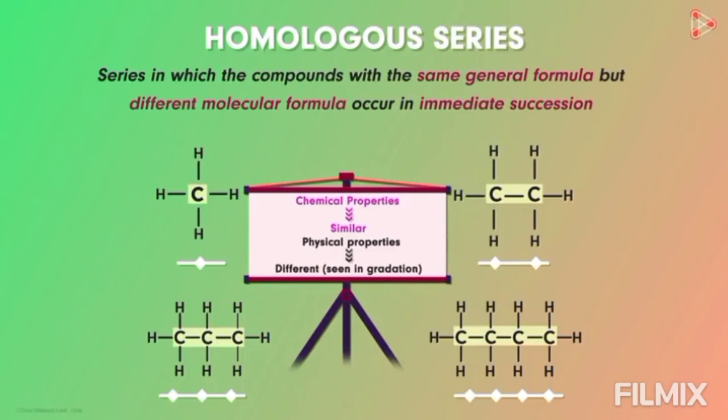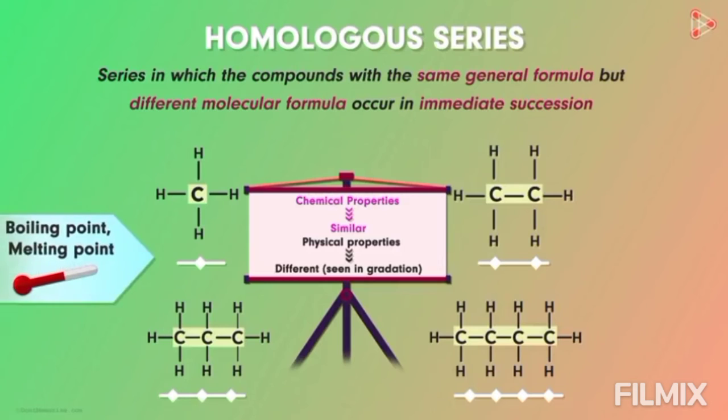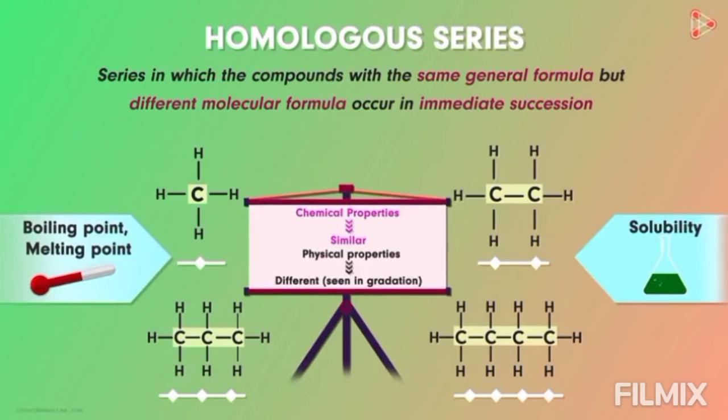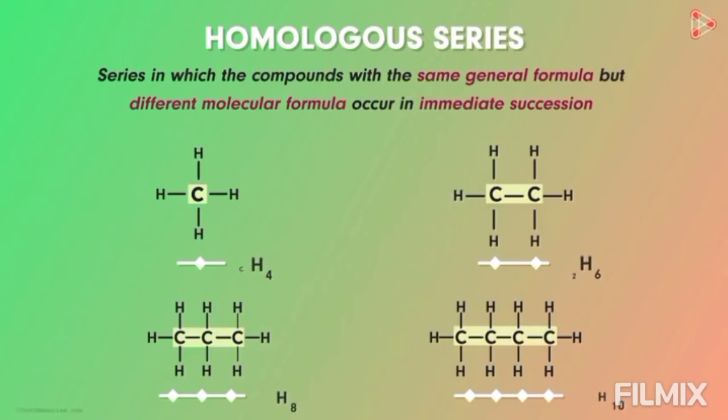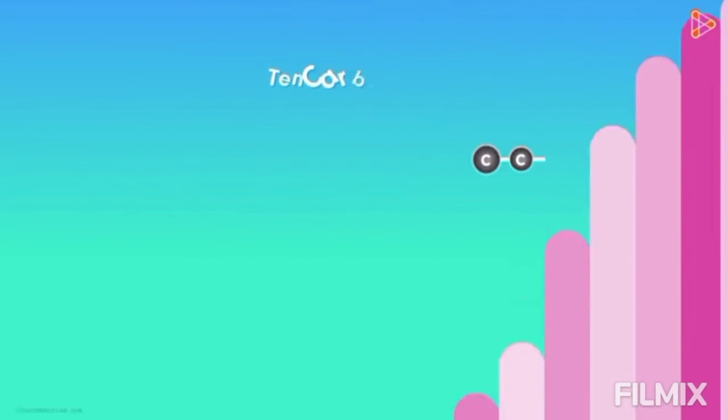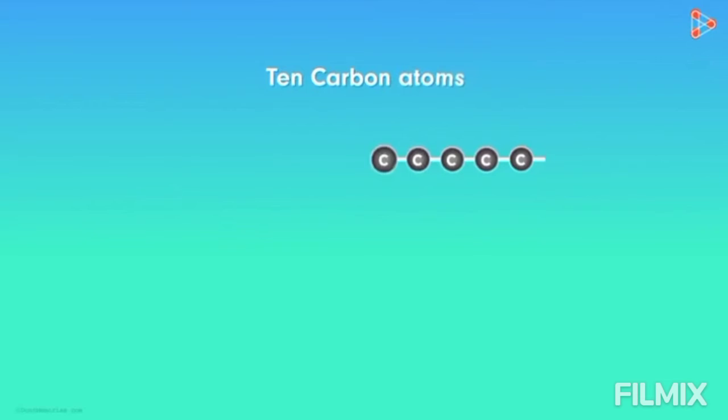In a homologous series all the functional groups are the same, so they have similar chemical properties, but there is a gradation in physical properties such as melting point, boiling point and solubility. In methane, ethane, propane and butane, we can see that the chain length is increasing.